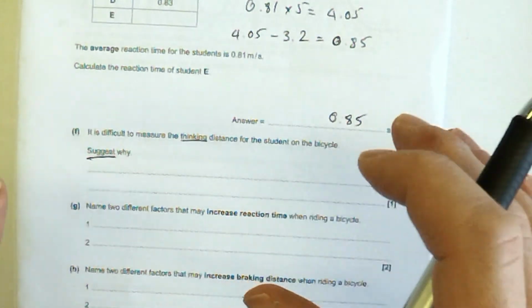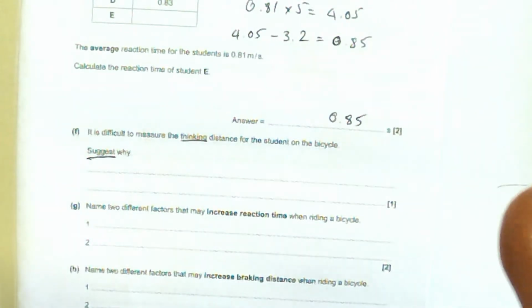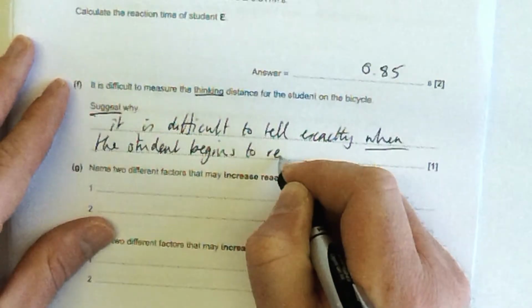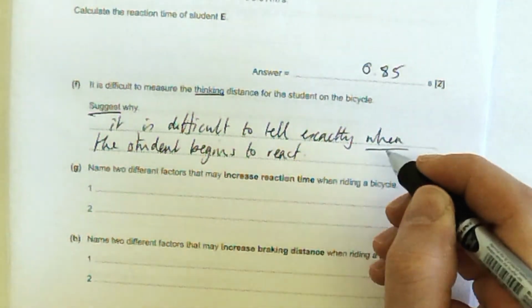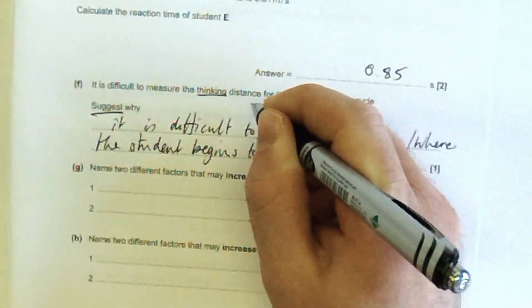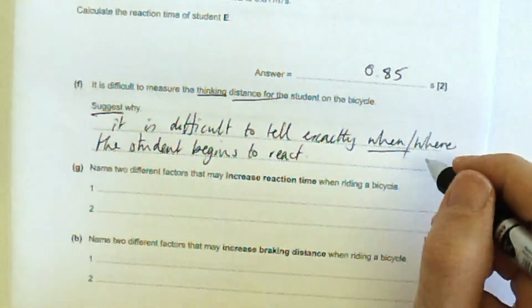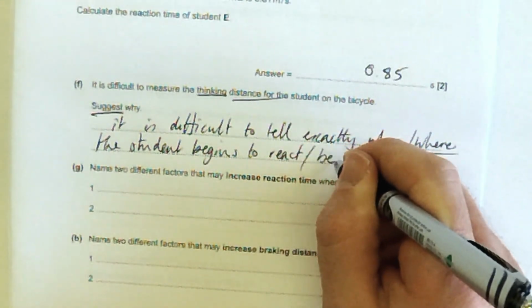It's hard to tell exactly when they notice the obstacle in front of them. Okay, so that is what we needed to get in here as our answer. Exactly when or exactly where is also acceptable if you're trying to measure the distance. So either of those two, begins to react or begins to press the brakes.